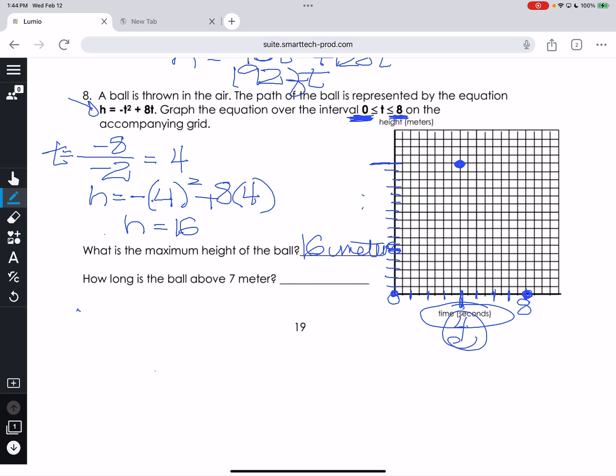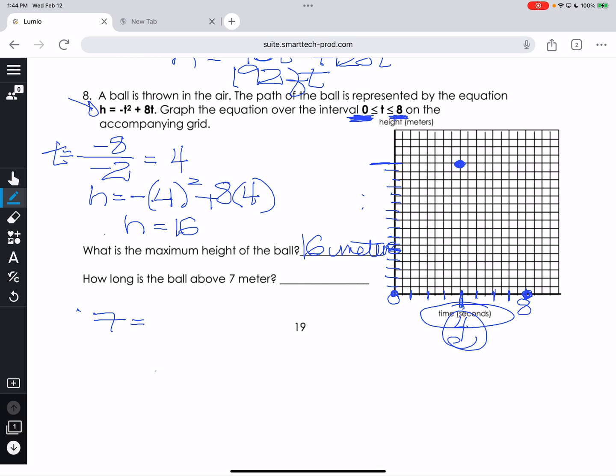H. So we're going to take our 7 and replace the h with it, because height is the meters. So 7 equals, and then we put what? H. That's our 7. The h is the 7.